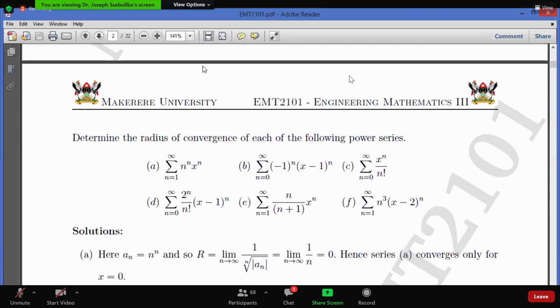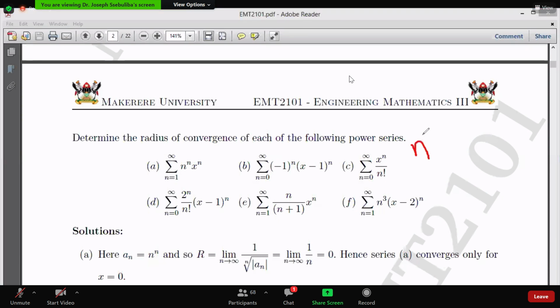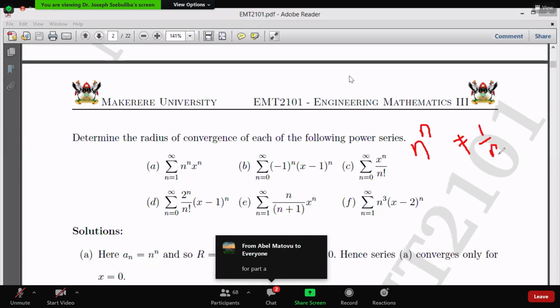You are saying that n power n is not equal to 1 over n power n.